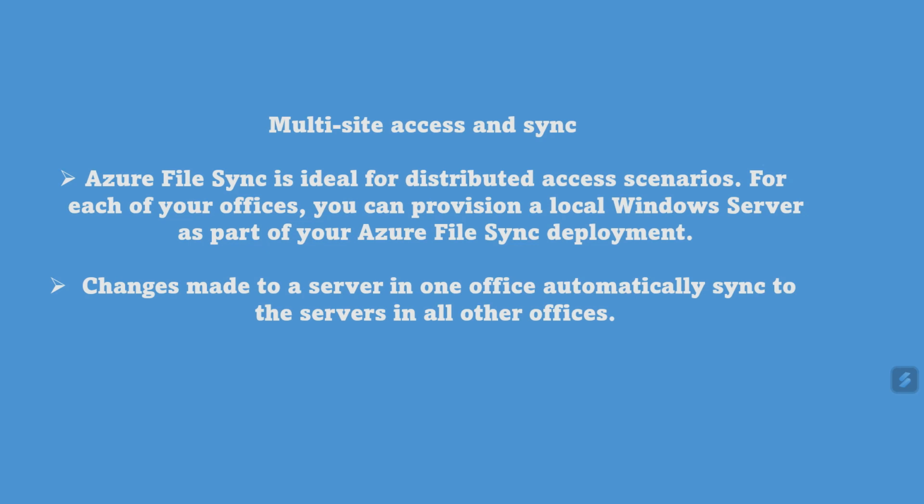All the data across all the servers will be synced with the Azure file share, and each one of them can access the same data without the burden of transferring the data all around, or latency and things like that. So Azure File Sync highly optimizes this distributed access scenario.